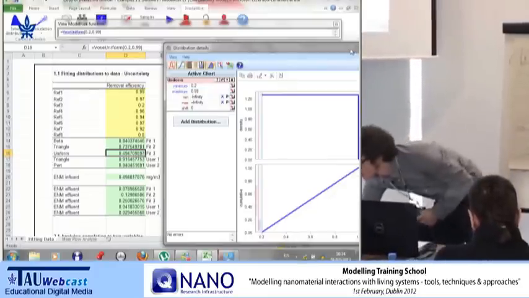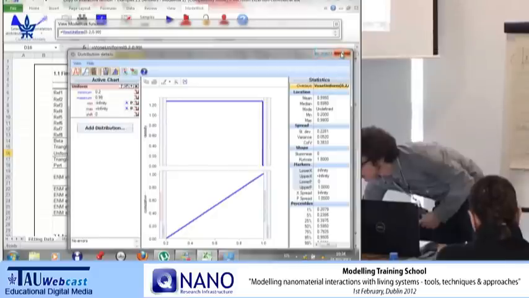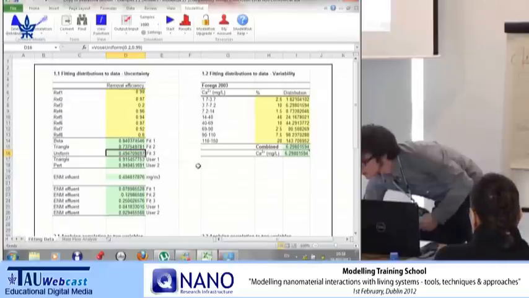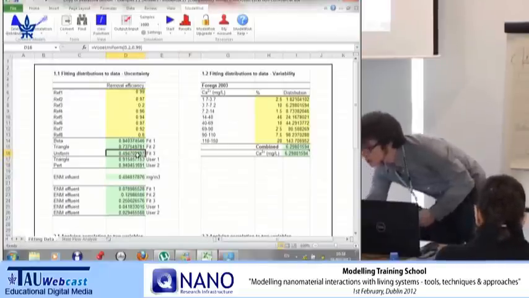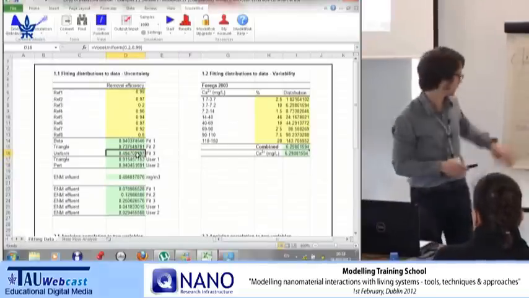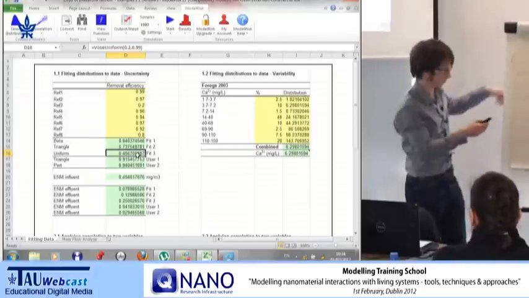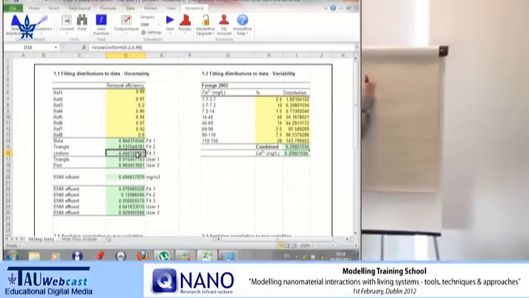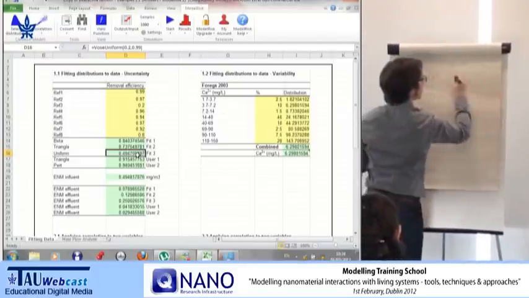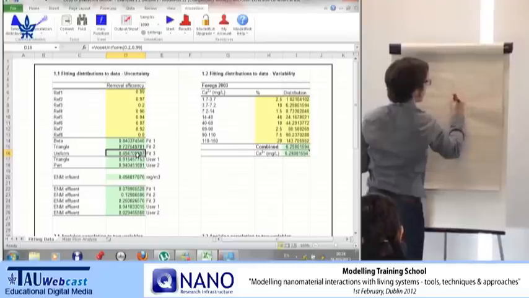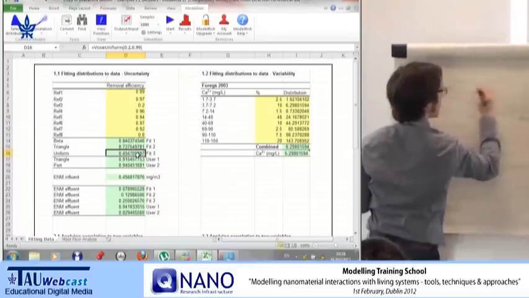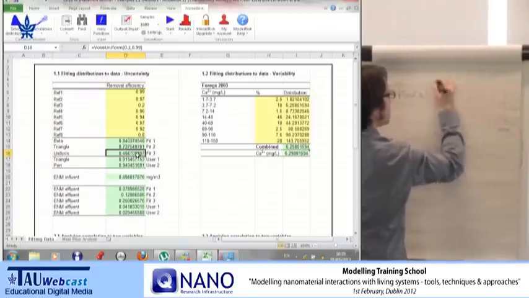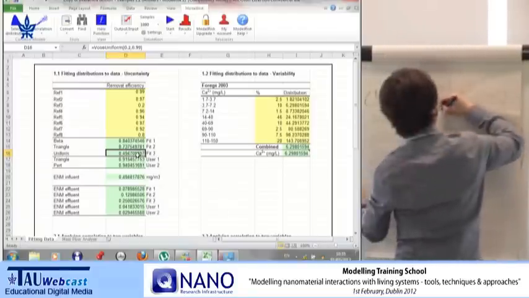We have this data, and we want to represent it in our model. So for instance, we look at the uniform again. We have min and max, and it's equal likelihood. This is the probability density.